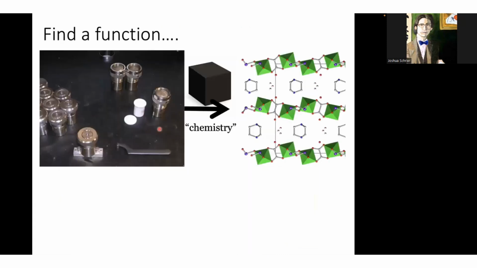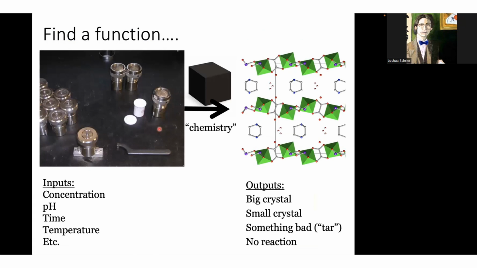So, what we want to do is really try to apply a sort of a machine learning approach in the lab, right? And think about this, at least at kind of a very basic level, as sort of a classification problem, right? We've got a series of inputs that describe our recipe: concentrations, pH, time, temperature, et cetera. And then we've got some outputs.